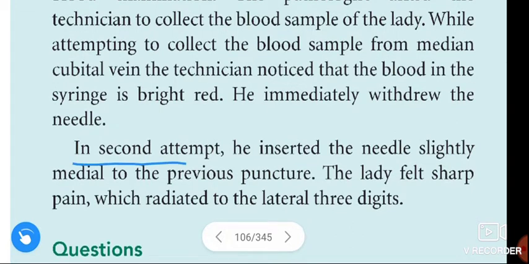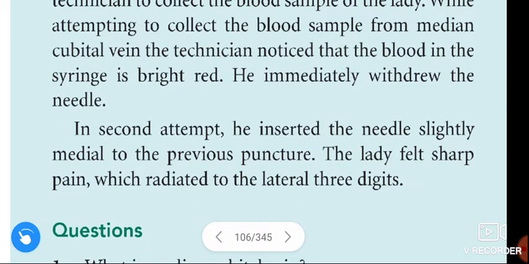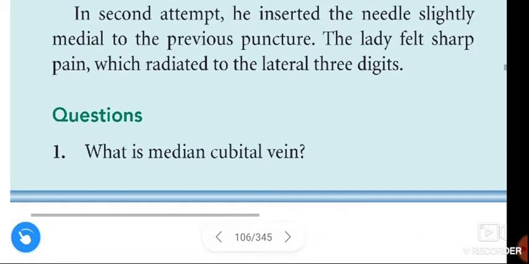In the second attempt, he inserted the needle slightly medial to the previous puncture. The lady felt sharp pain which radiated to the lateral 3 digits. Okay, the pain radiated to the lateral 3 digits. Next, coming to the questions.